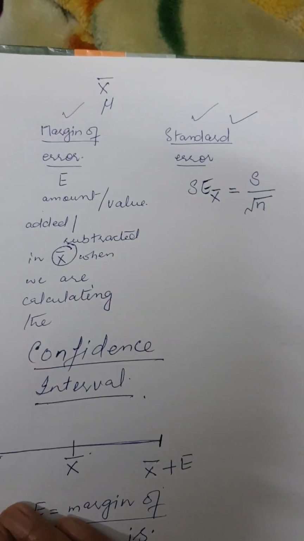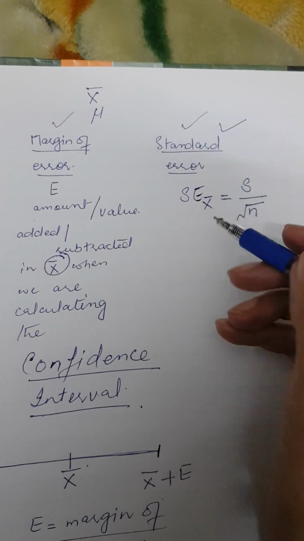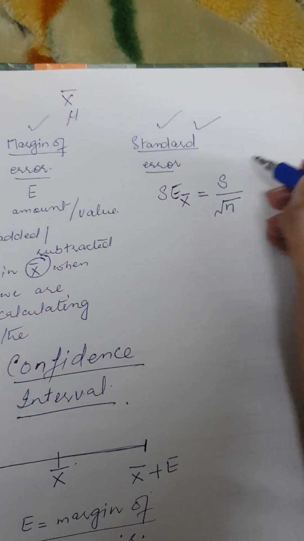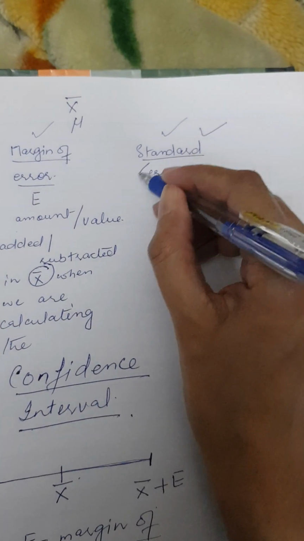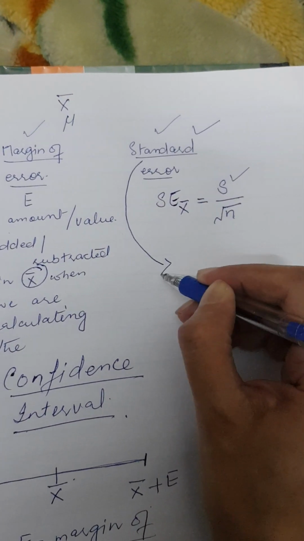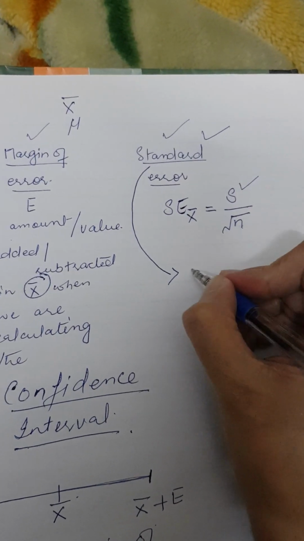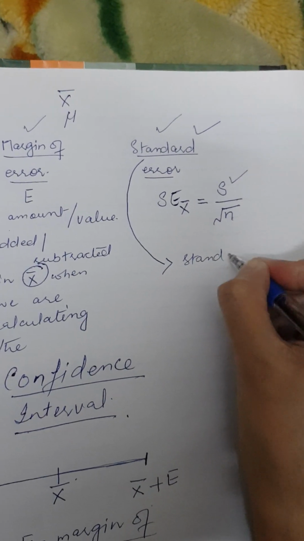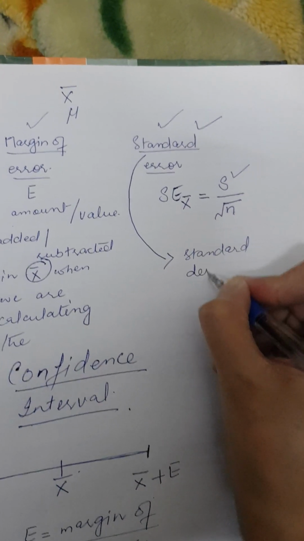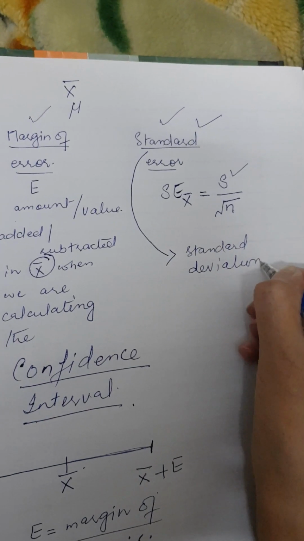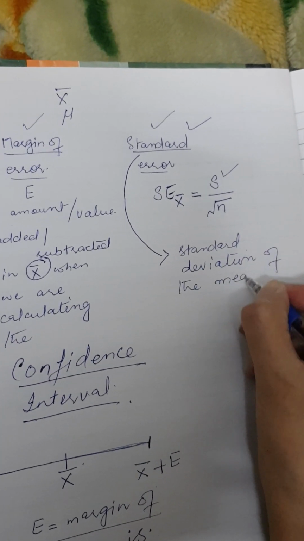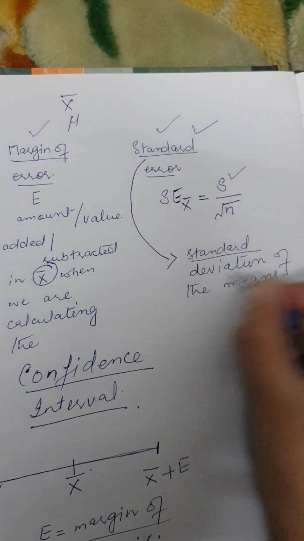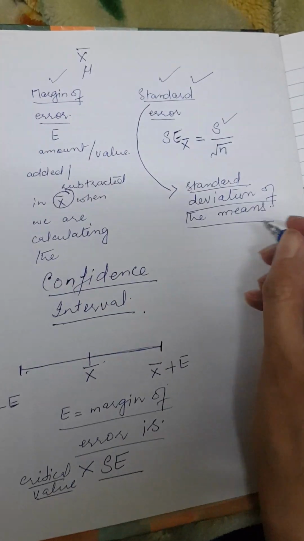So, what is the standard error? Standard error, which is also called the standard error of the mean, is the standard deviation divided by the square root of n. What is the standard error of the mean? It is basically the standard deviation of the means.